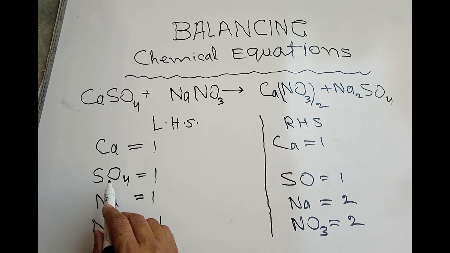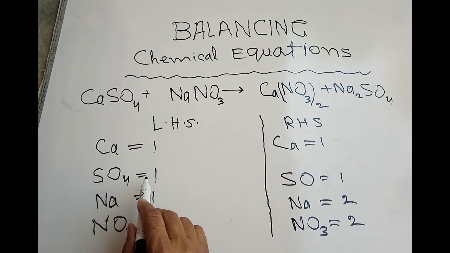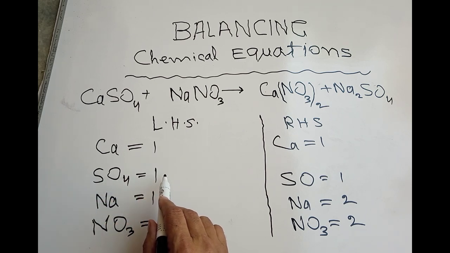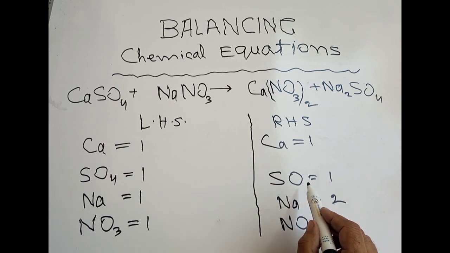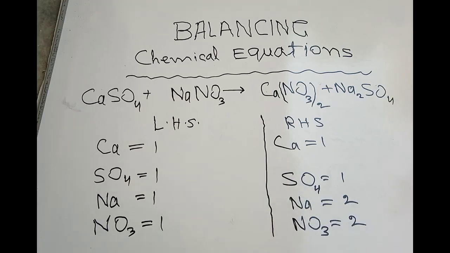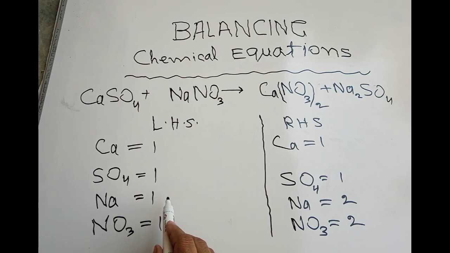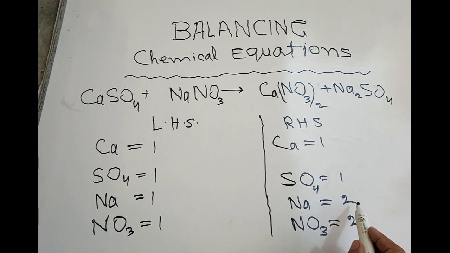On the left hand side sulfate is 1, on the right hand side SO4 is also 1. Now we come to Na. We have 1 Na on the left hand side and 2 on the right hand side.